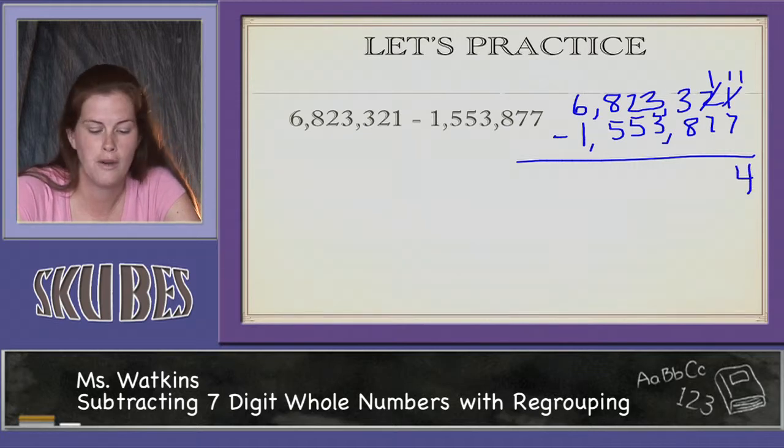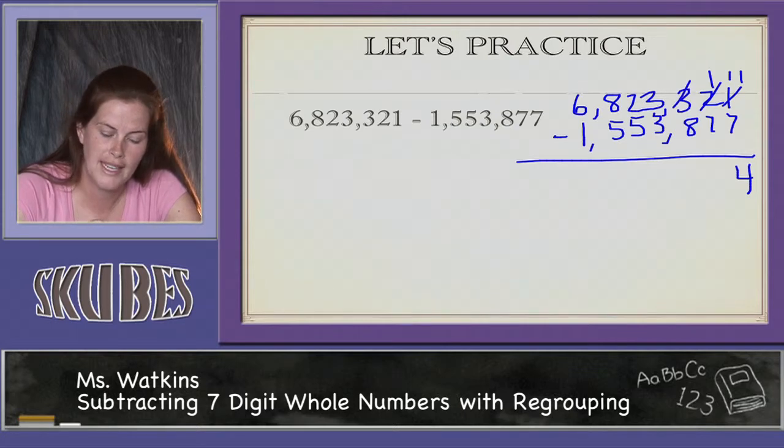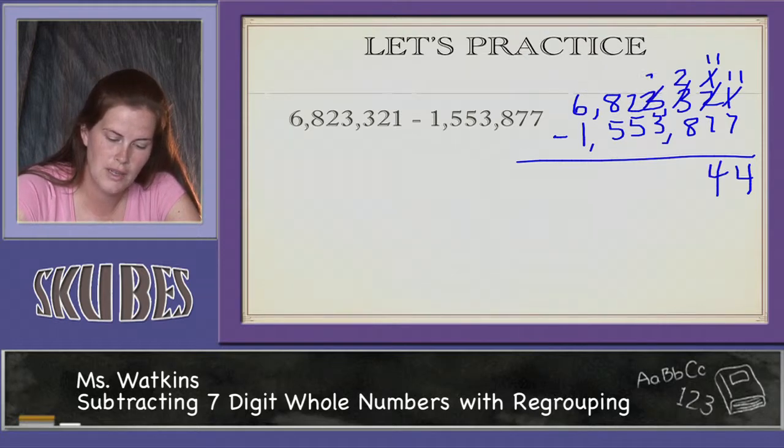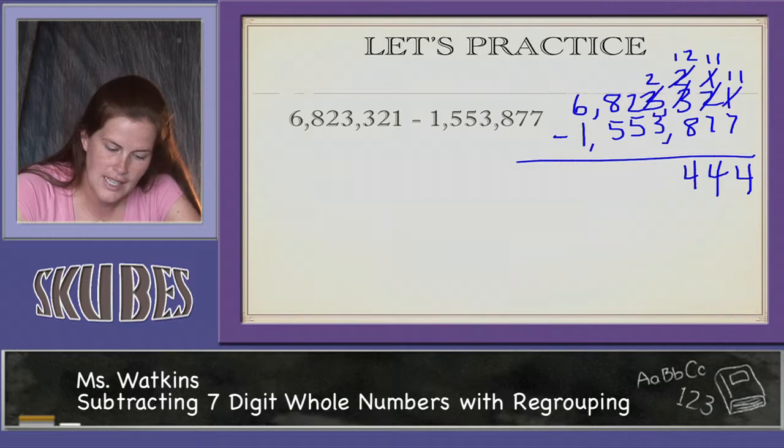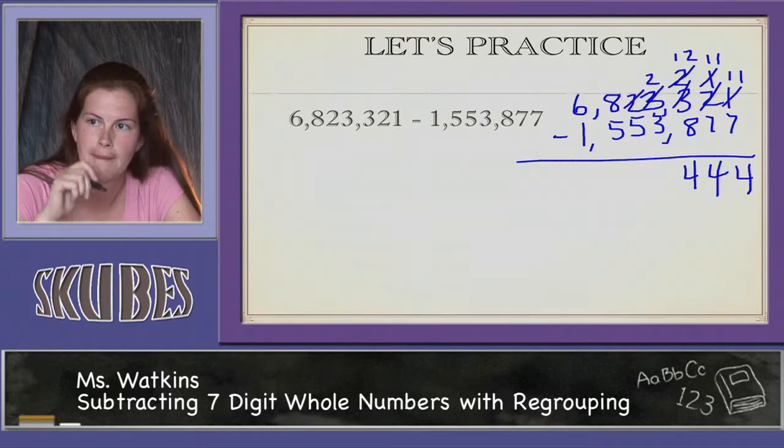All right, we cannot do 1 minus 7, so I need to regroup again. Our 3 becomes a 2, and this 1 becomes an 11. 11 minus 7 equals 4. All right, continue regrouping. This 3 becomes a 2, and this 2 becomes a 12. 12 minus 8 equals 4. All right, moving to our 10,000s place, we're going to have to regroup from it. So this 2.